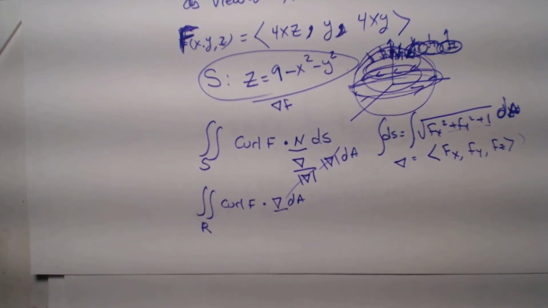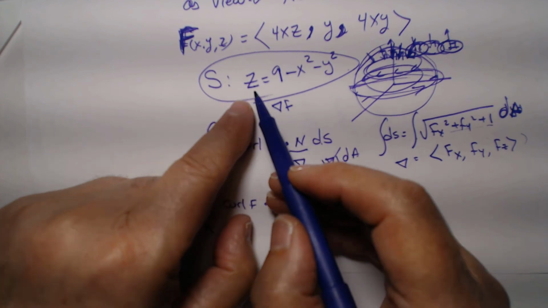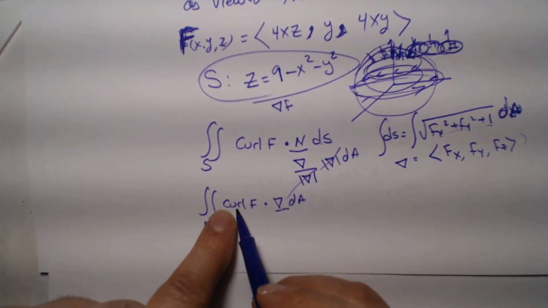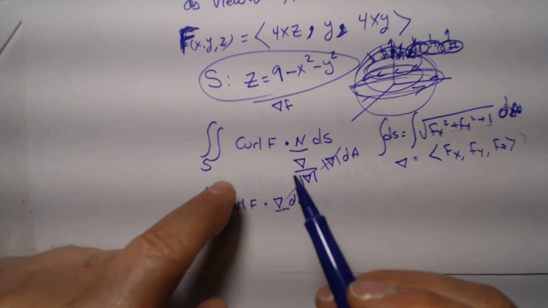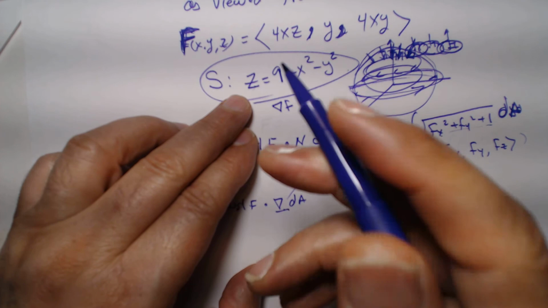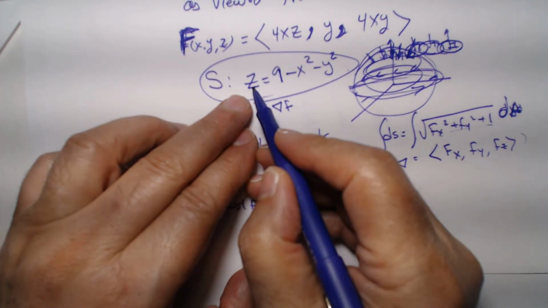For the arc length, it doesn't make any difference. But for the gradient, because you're going to dot it with this one, you want to make sure you always do circulation clockwise around the positive side.